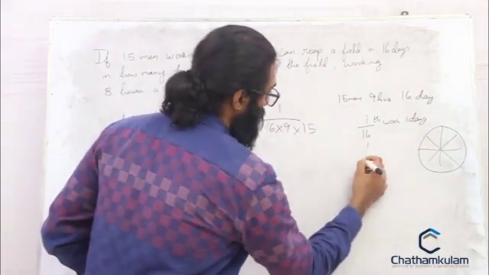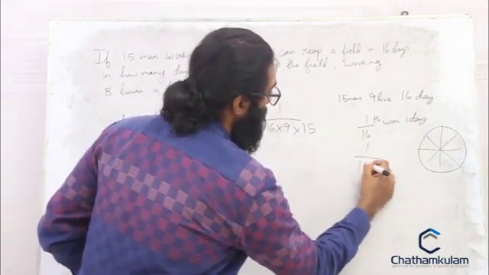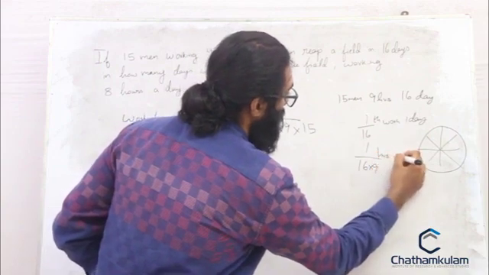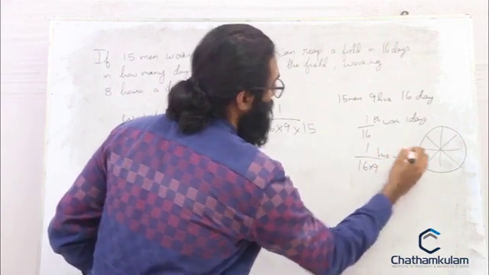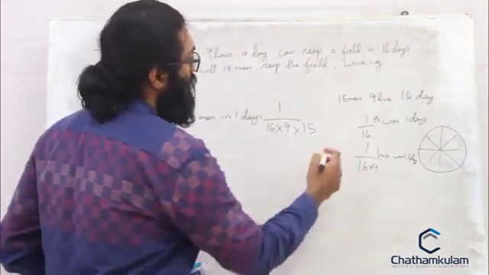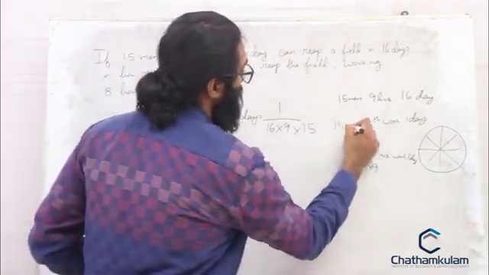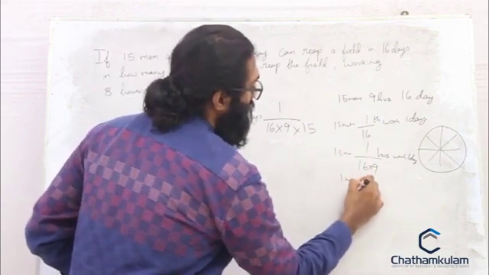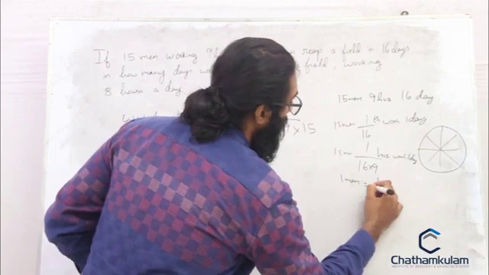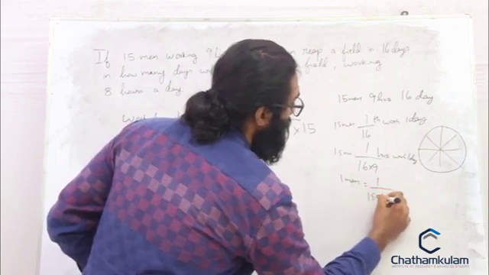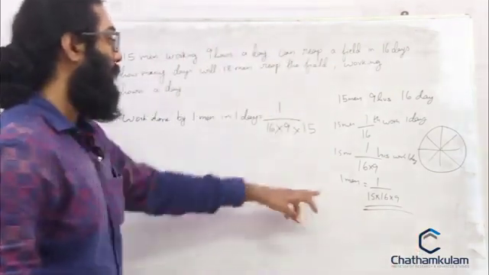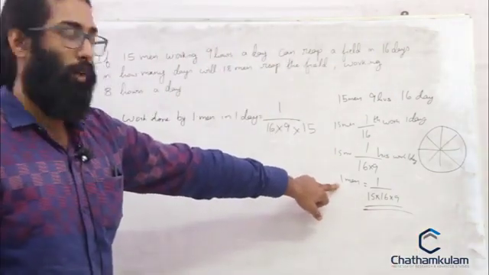So 1/16 into 9 hours of work in one day, right? These both are for 15 men. So for one man, work done will be equal to 1/15 into 16 into 9. So this is the work done by one man in total.